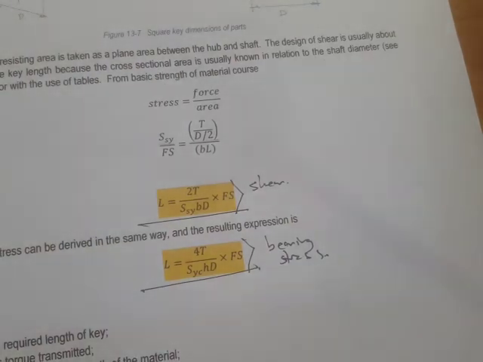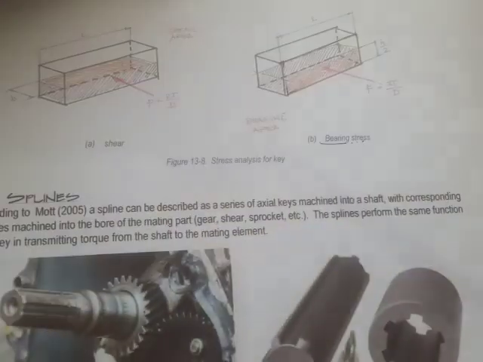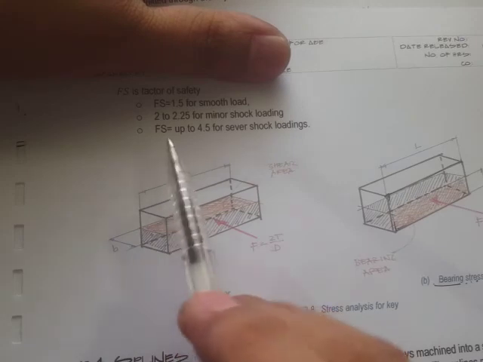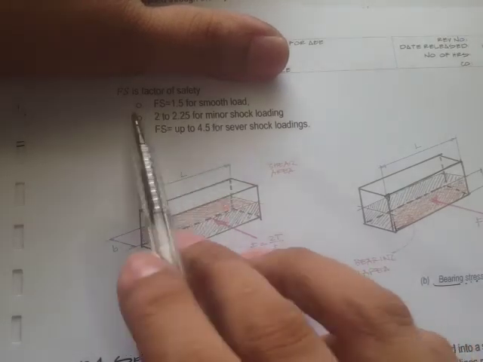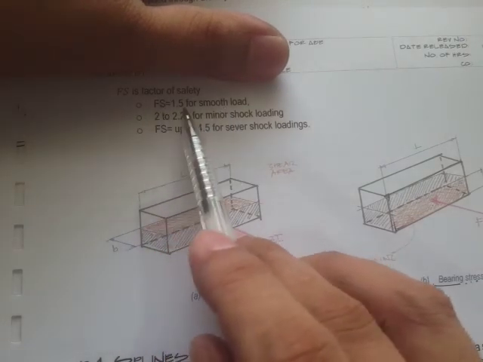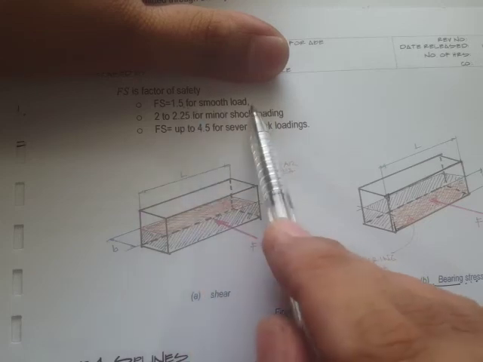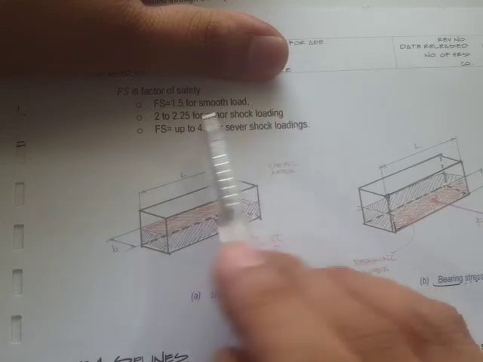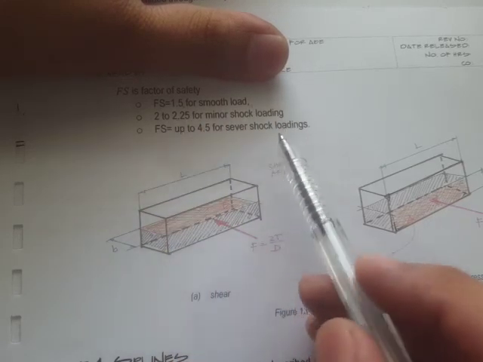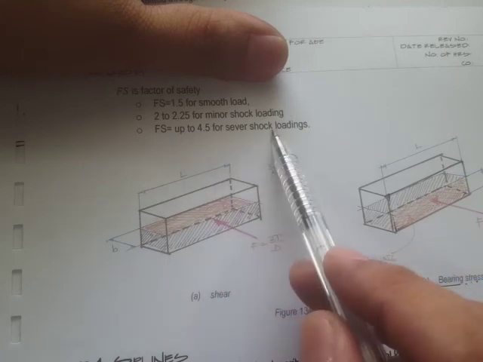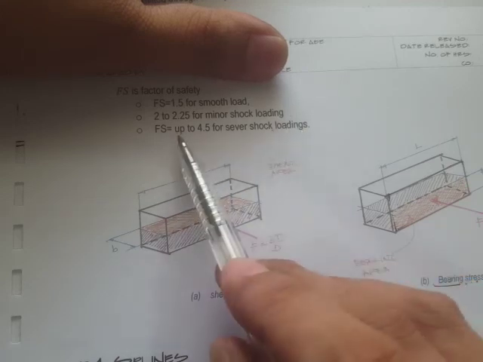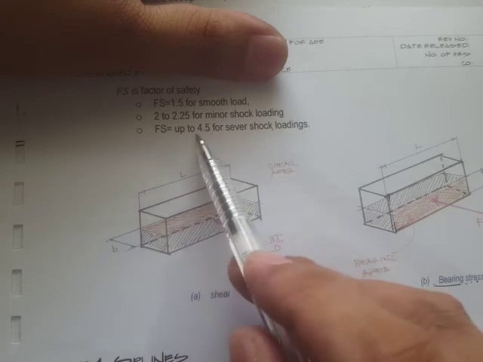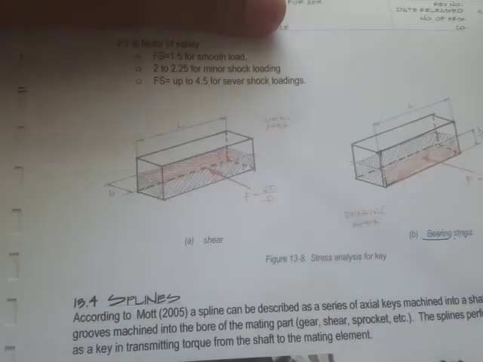Here in our lecture handouts, it says that the factor of safety is 1.5 for smooth load, or if you have minor shock loadings, then that's 2 to 2.5, and if we have severe shock loadings, then the factor of safety can be up to 4.5.